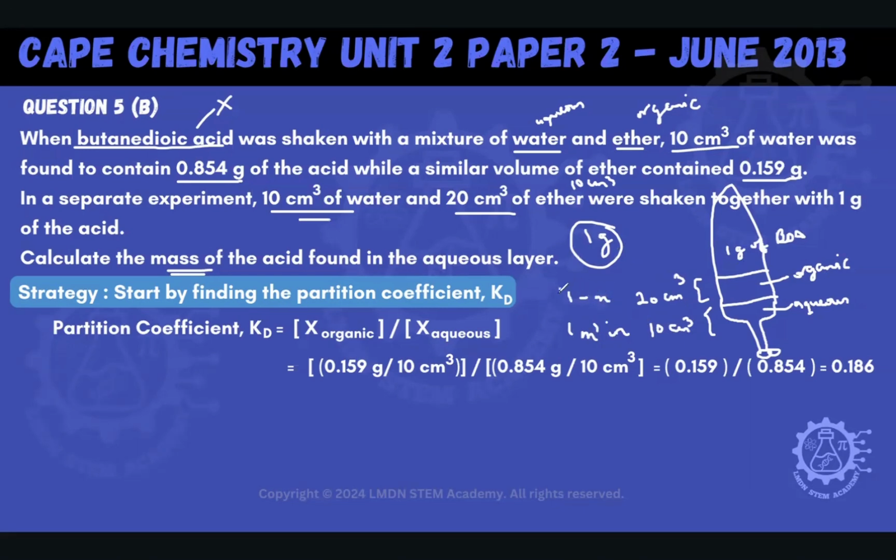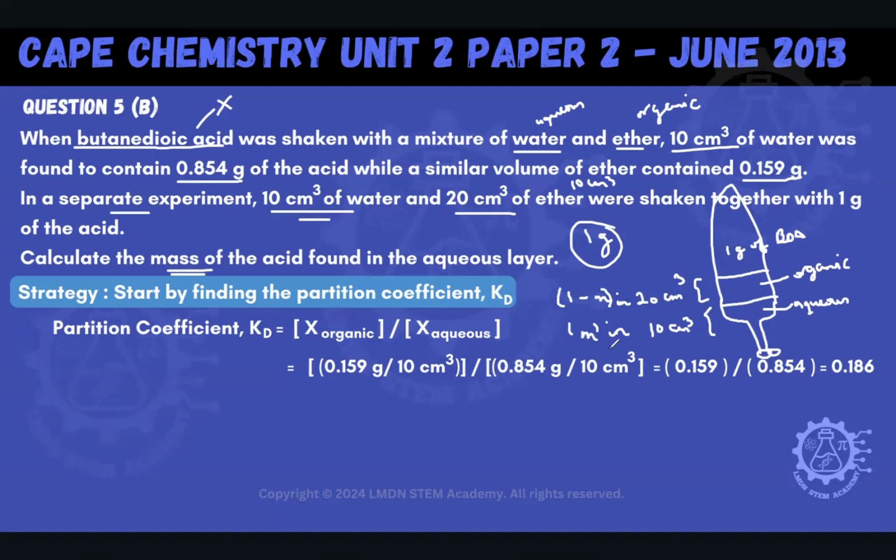So I'm going to have 1 minus M, that's my mass, that's going to be in the 20 cm³. So let me repeat that again. Let M represent the amount that went into my aqueous phase. That's what we're trying to find. If M went into my aqueous phase and I started with 1 gram, then in my organic phase I'm going to have the 1 gram minus the M, whatever went into the aqueous phase. So that's our new equilibrium that gets set up when we're shaking in this separate experiment.